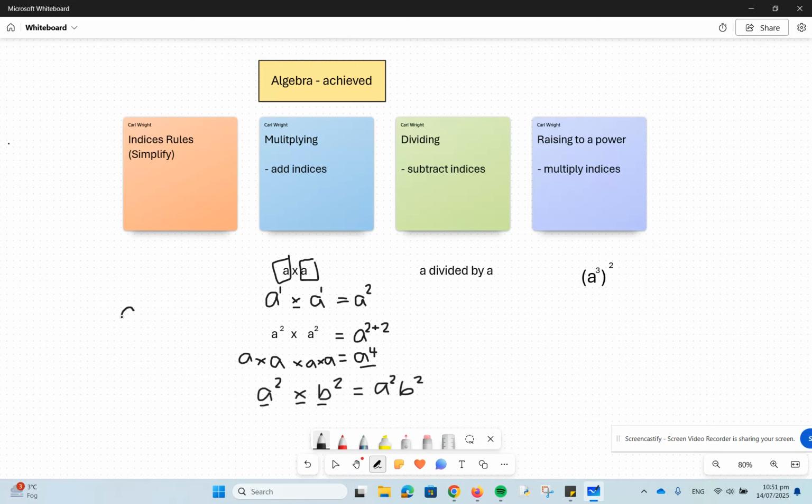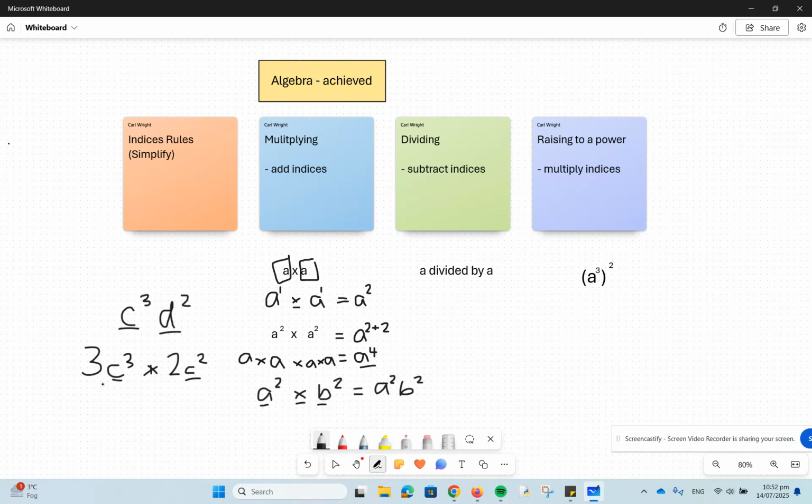So here's an example. I've got c to the power of 3, and I've got d to the power of 2. The base is d and the base is c, so I don't add the powers. But if I have 3c to the power of 3, times 2c to the power of 2, the base is the same, so we add the indices.